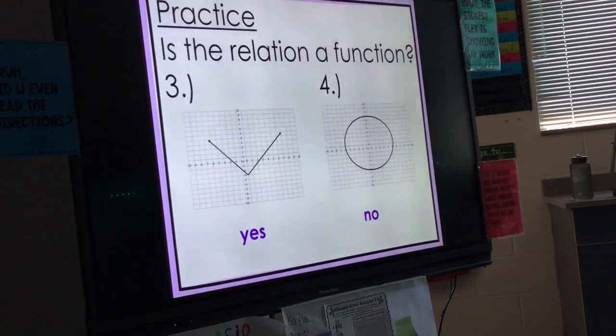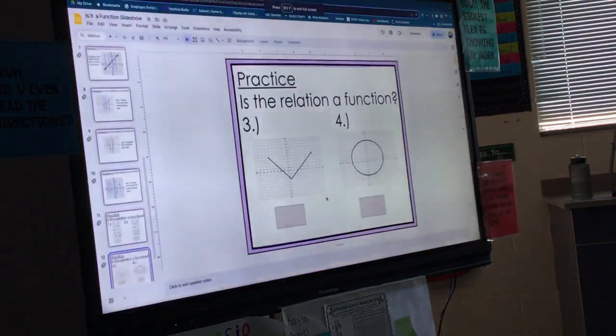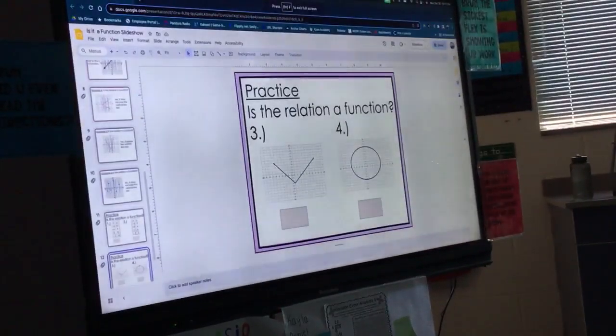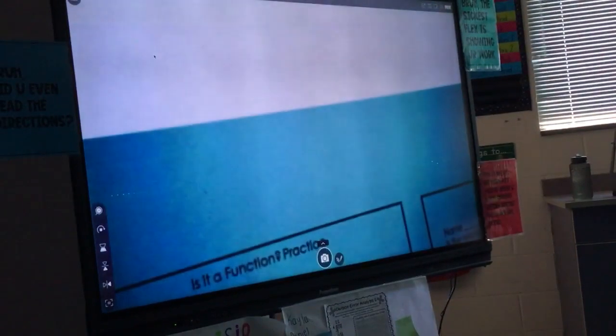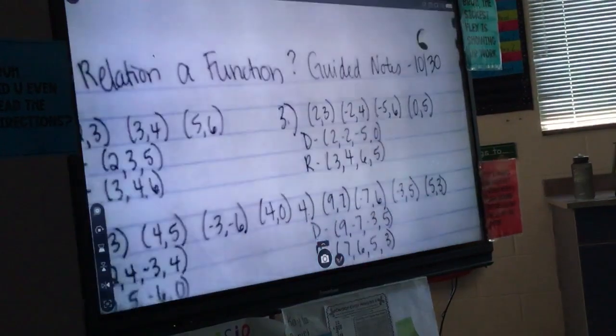Don't do 15, don't do 16. Just circle them. And all you're doing with your homework is simply going through and trying to determine if it is a relation.